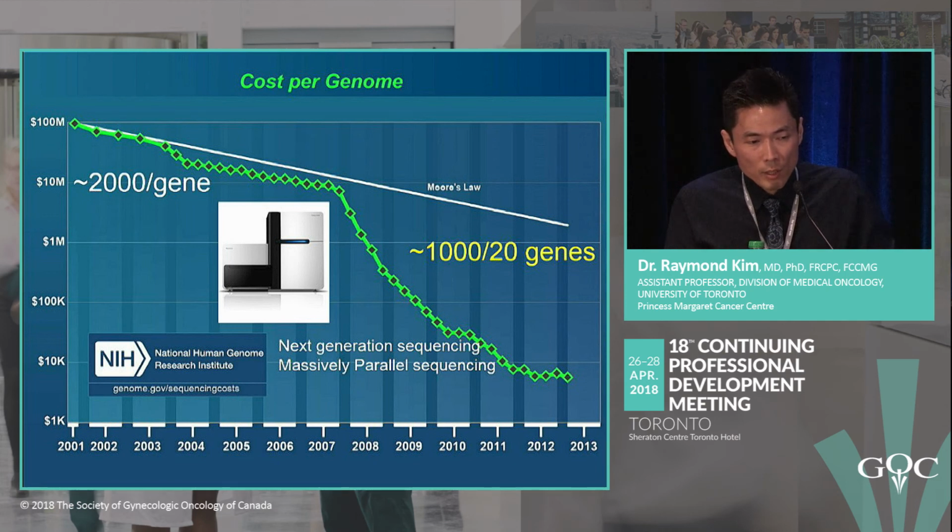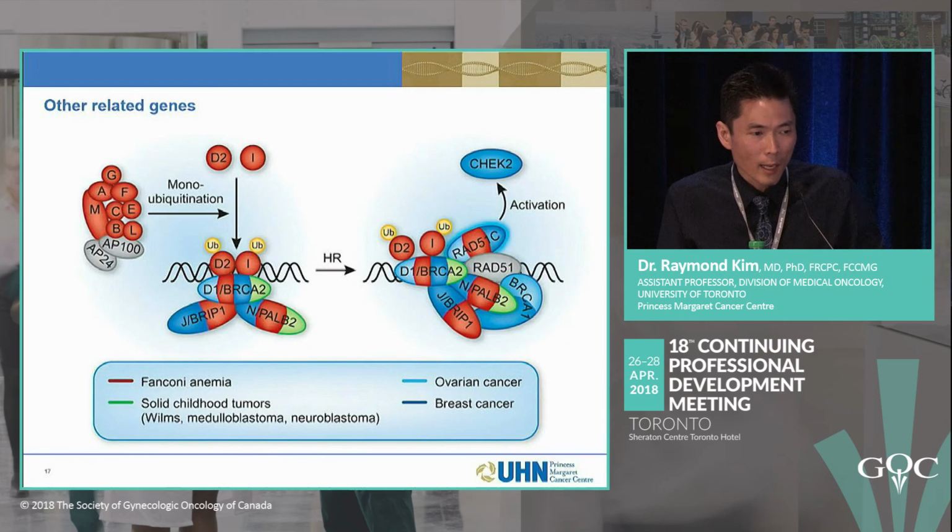And then next generation sequencing happened, and it costs about $1,000 to do about 20 genes. That's just a ballpark figure. And now it may take about 3 months to do someone's whole genome. This is mainly because of instruments like the HiSeq from Illumina here that have really altered the way that sequencing is being done at a high level.